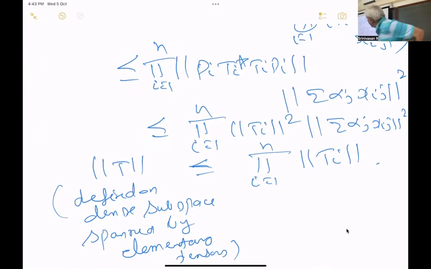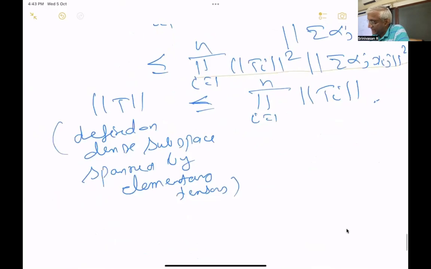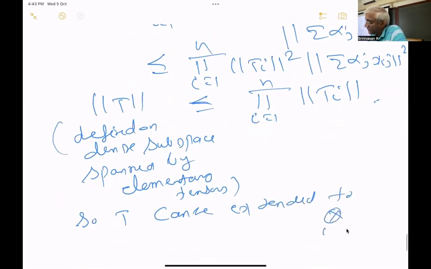So because of that, we get this. We have proved that norm T is bounded, so this is a bounded operator, and T can be extended to the Hilbert space, the tensor product over i equal to 1 to n of H.